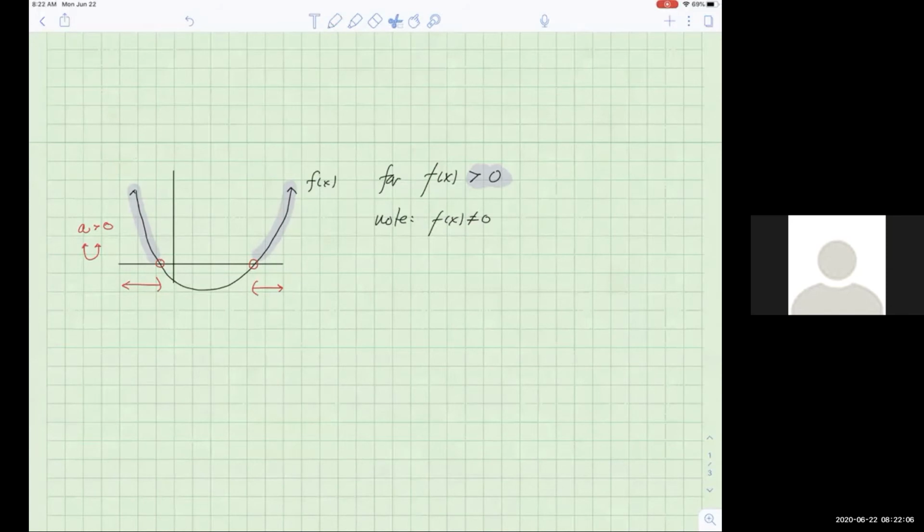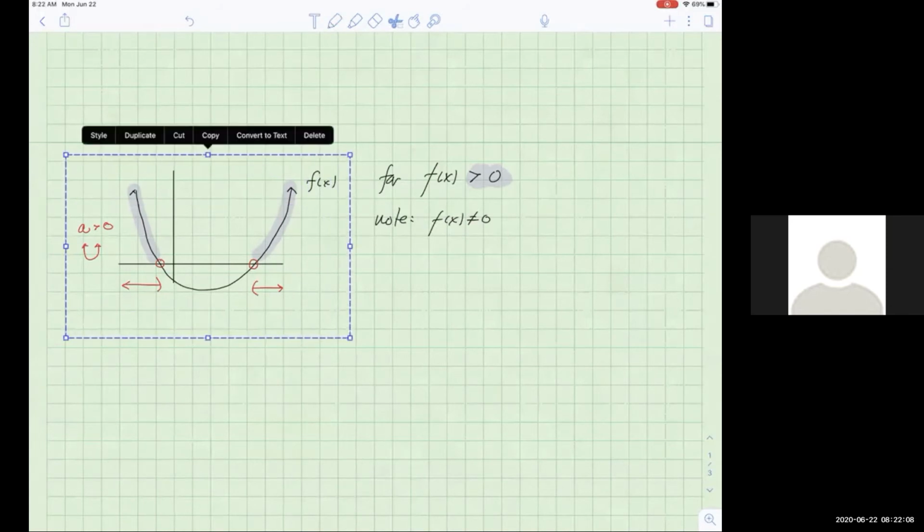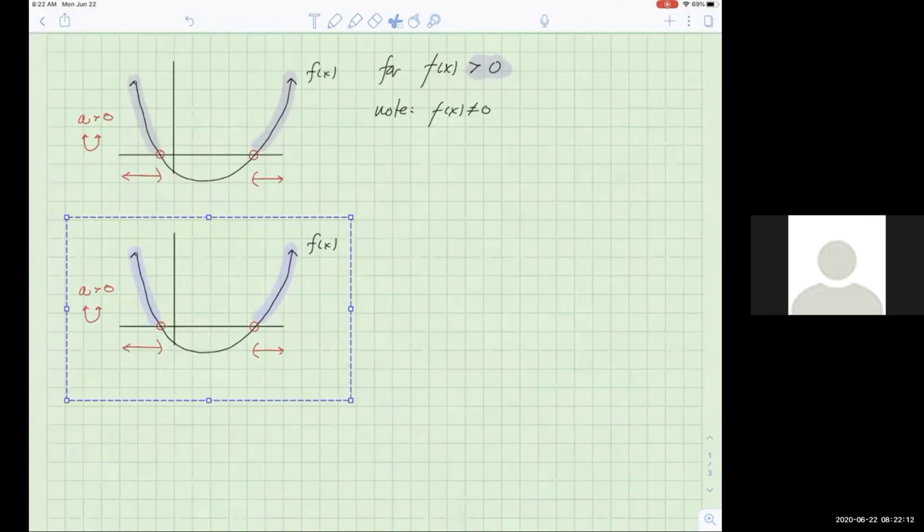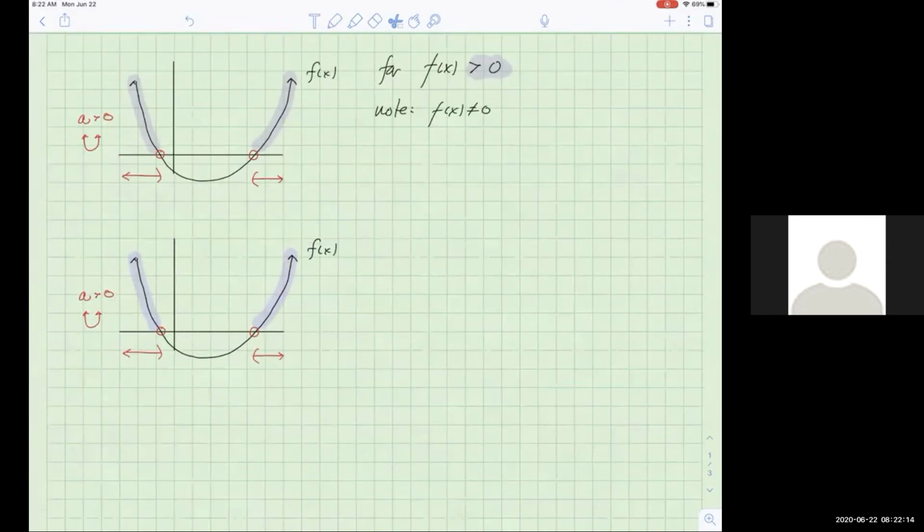So again, in a slightly different scenario, as we duplicate this scenario, this time we'll talk about a different inequality.